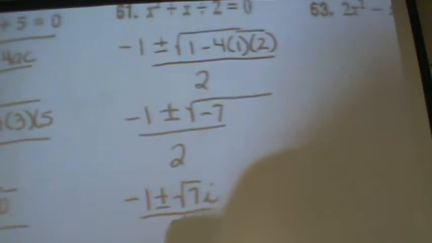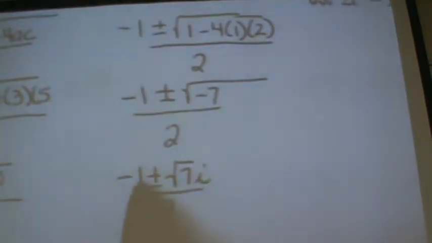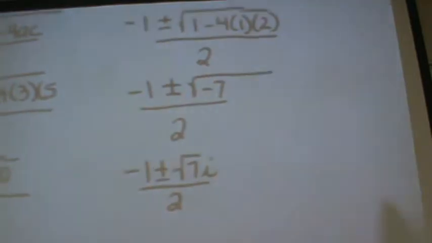So let's get rid of this negative. And you can break this up into negative 1/2 plus or minus root 7 over 2i. And that's in standard form.